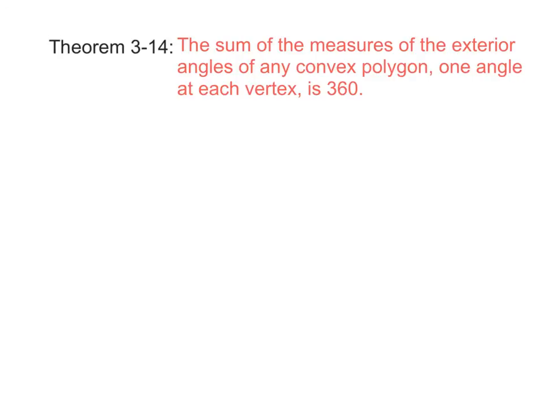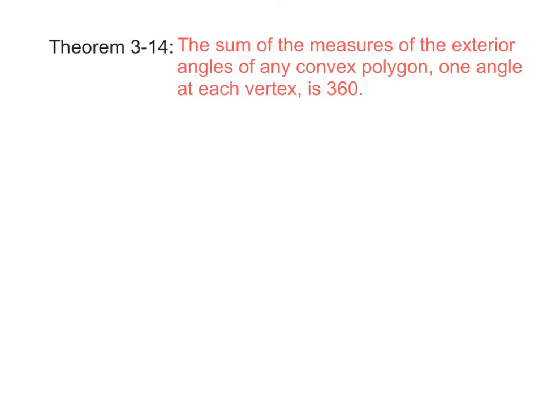Now we're going to discuss our other theorem in this section, Theorem 3-14. Well, 3-13 dealt with interior angles, so it's probably pretty obvious that 3-14 is going to deal with exterior angles. This theorem simply states that the sum of the measures of the exterior angles of any convex polygon with one angle at each vertex is 360.